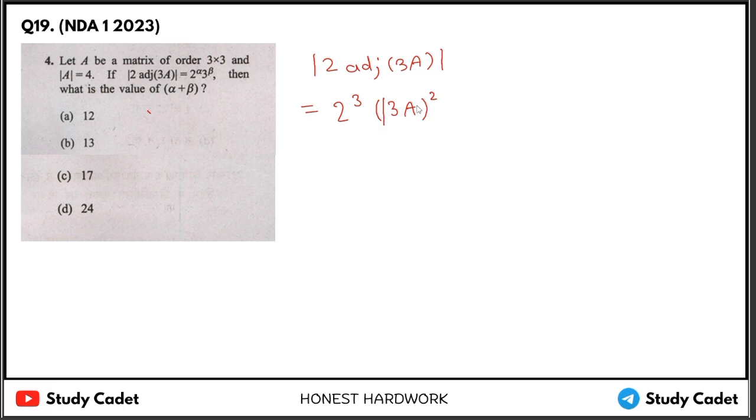Okay, it's a determinant value, and this will be 2 to the power 3, and when it comes out, it will be 3 cube squared, and determinant A squared, which is 4 squared, so it is simply 2 cube, and this is 2 to the power 4, so 2 to the power 7, 3 to the power 6, so alpha plus beta is equal to 7 plus 6.